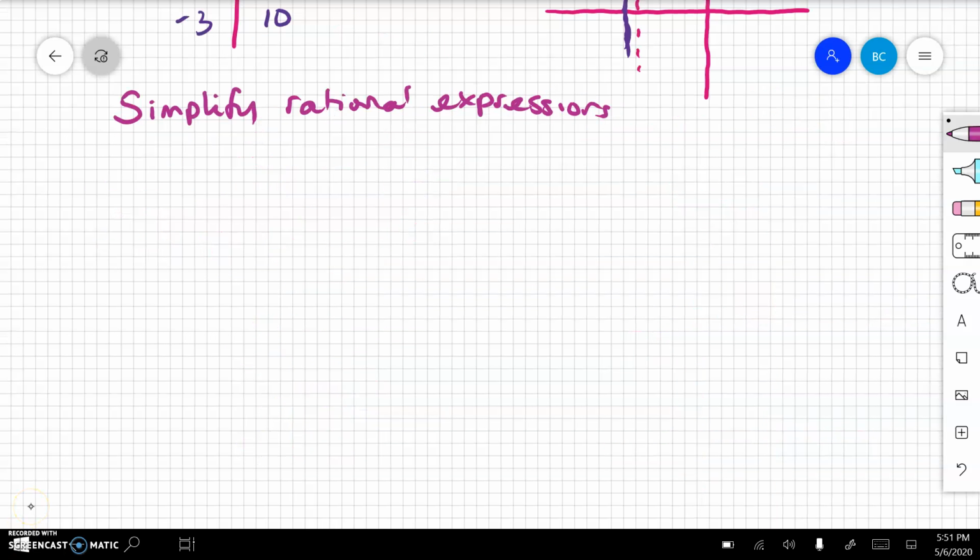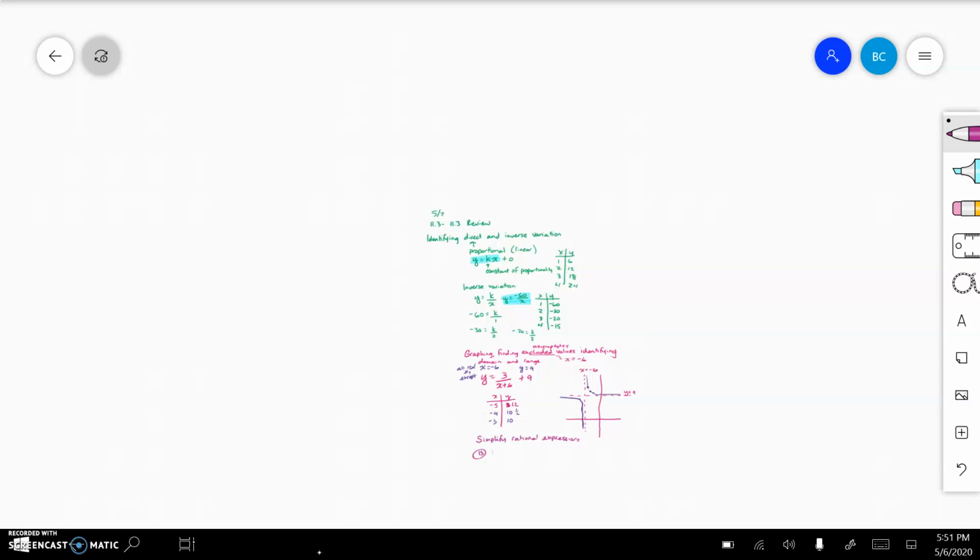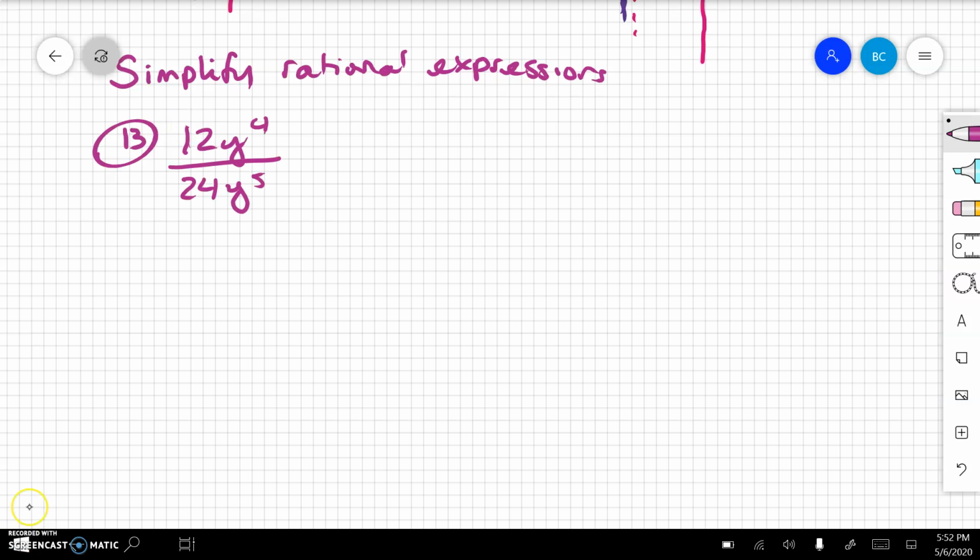And then finally, the last skill on this review was to simplify rational expressions. So this was problems 13 through 17, and I had people request all of those. So I'm just going to work my way through them. On number 13, we have 12y to the 4th divided by 24y to the 5th.